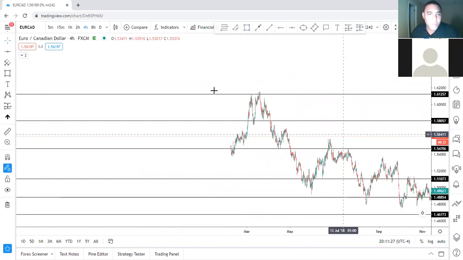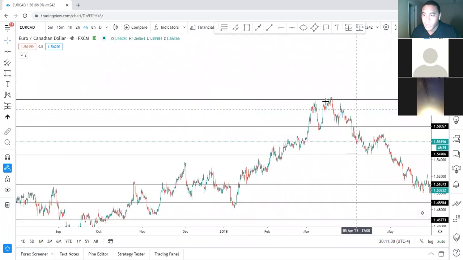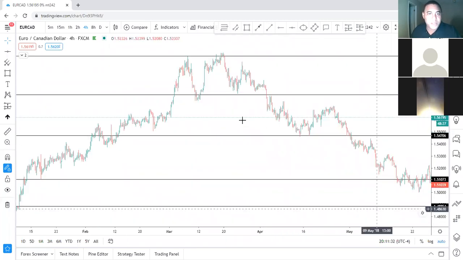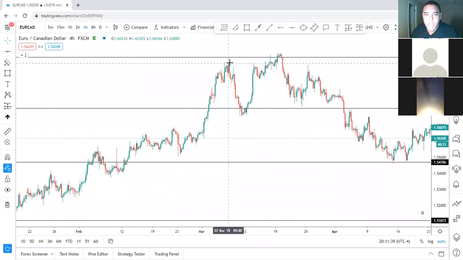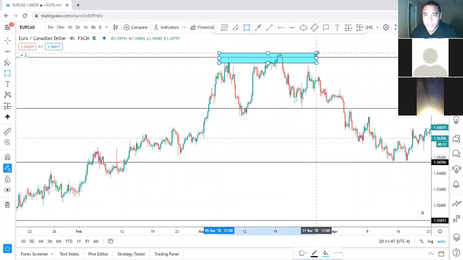When we look at this top area here, we don't have much to work with on the top side. And so what I'm looking for is where the candle will close and open. So we want to have a buy candle and a sell candle, and I want to put my zone there. Start it there, and then do the same thing for the top side.